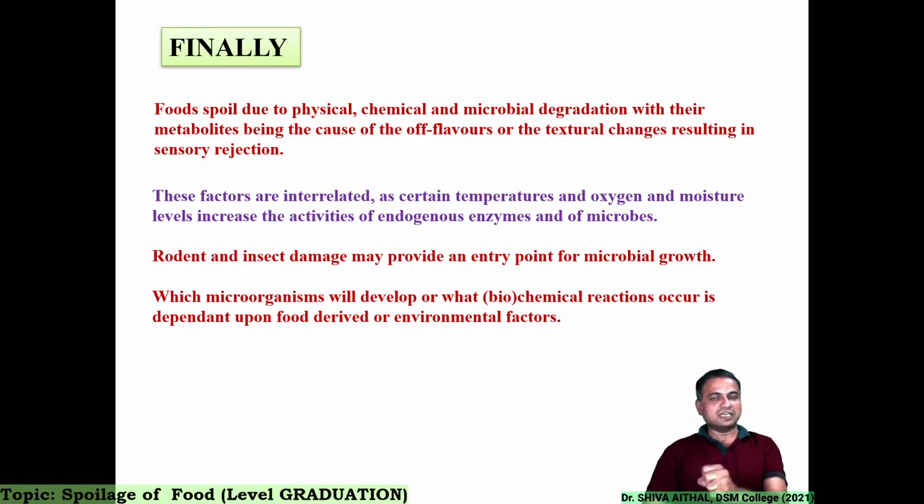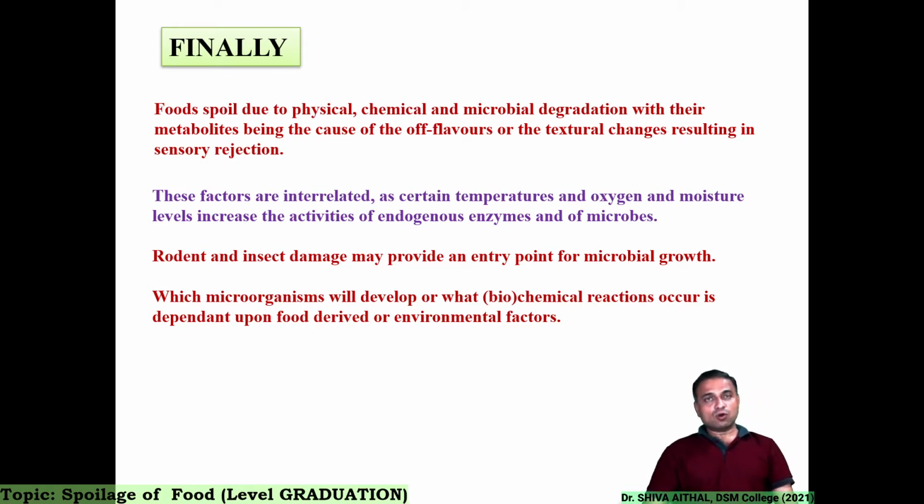We have not studied the last part which is insects like rats, rodents, lizards, mosquitoes, flies, etc. But remember the action of these rodents and insect damage. When a food is damaged by a rodent, it provides an entry point for microbial growth, and microorganisms may gain entry, and it is just like an injury to the food and they can become infested.